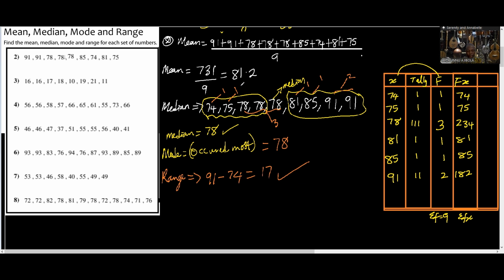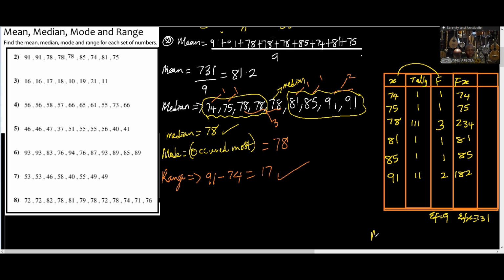Let me try and add again. 74 plus 75 plus 234 plus 81 plus 85 then plus 182. Okay, it's 731. So I got 731, which is the same as this. Is that clear? Yep. 731.